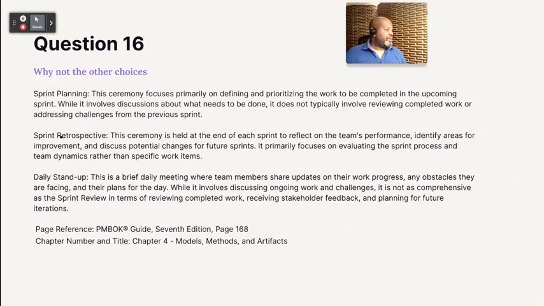All right, so why not the retrospective? Because that's the one we chose, or that's the one I chose. You probably got it right. This ceremony is held at the end of each sprint, like we said, to reflect on the team's performance, identify areas of improvement, and discuss potential changes for future sprints.